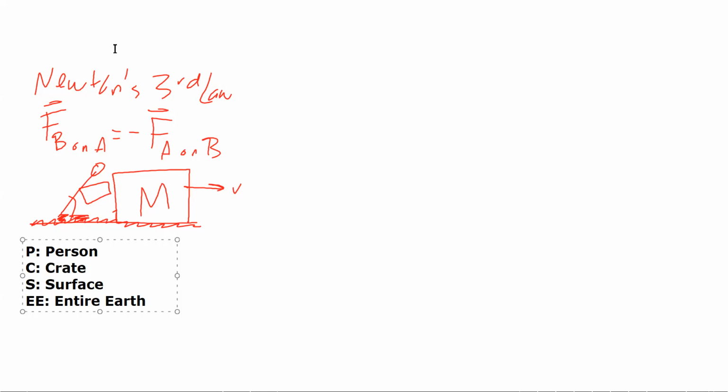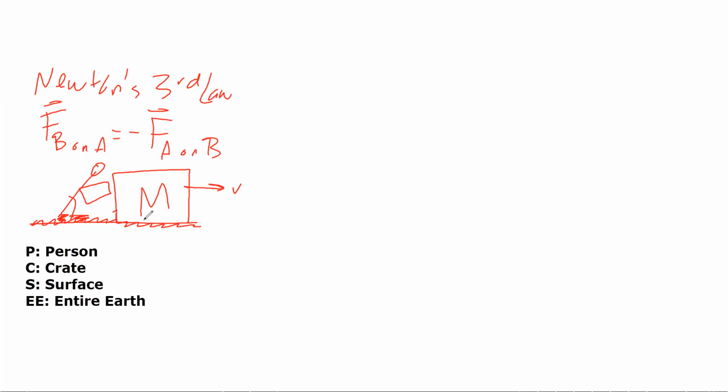The next step, which seems kind of simple, is to decide which ones are in the system and which ones are in the environment. The surface and the Earth by default are in the environment. And the objects whose acceleration and motion we're trying to analyze, we include in the system.